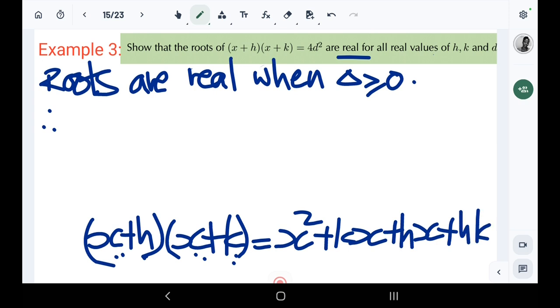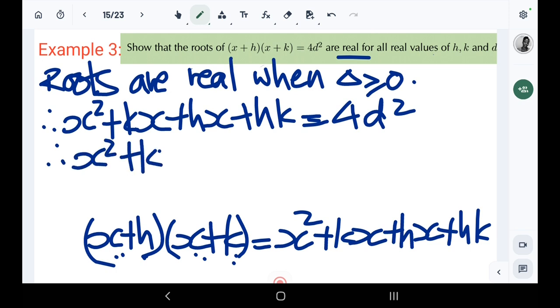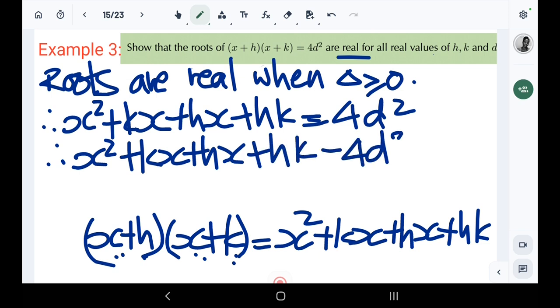Therefore, that is equal to x squared plus kx plus hx plus hk equals 4d squared. Take everything to the left hand side: x squared plus kx plus hx plus hk minus 4d squared equals 0.